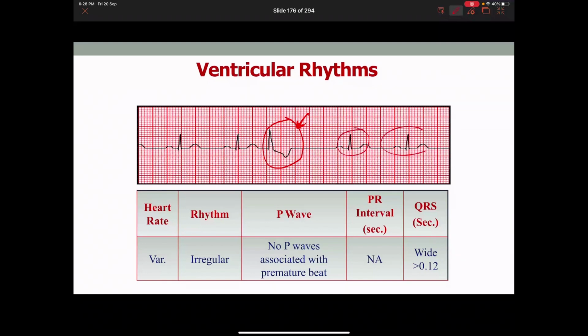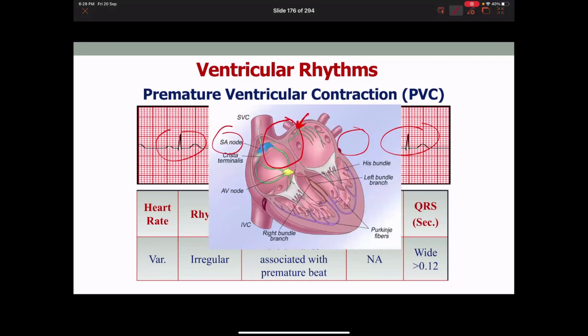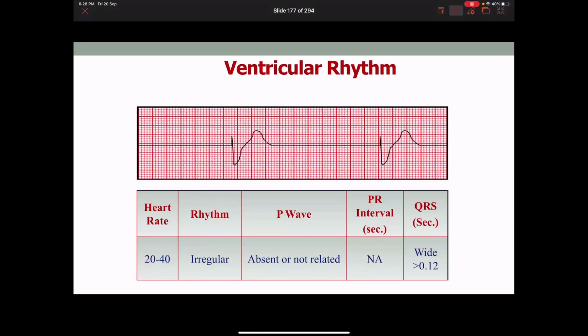So everything else is normal, but then in the middle it got disturbed. There was a weird premature impulse, and it came from the ventricles. Okay, so it's a premature ventricular contraction. You see how there's ectopic tissue here, and this one is the one that sent out an early signal, and it gave a weird beat in the middle. What about this one?